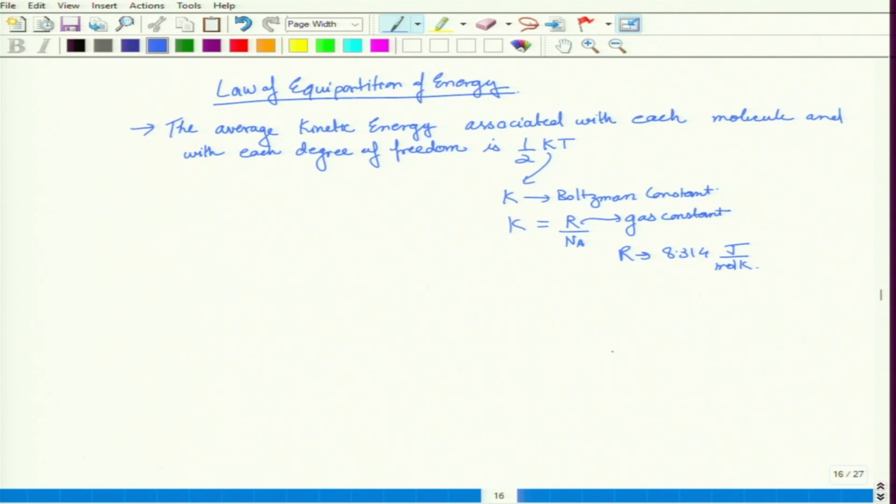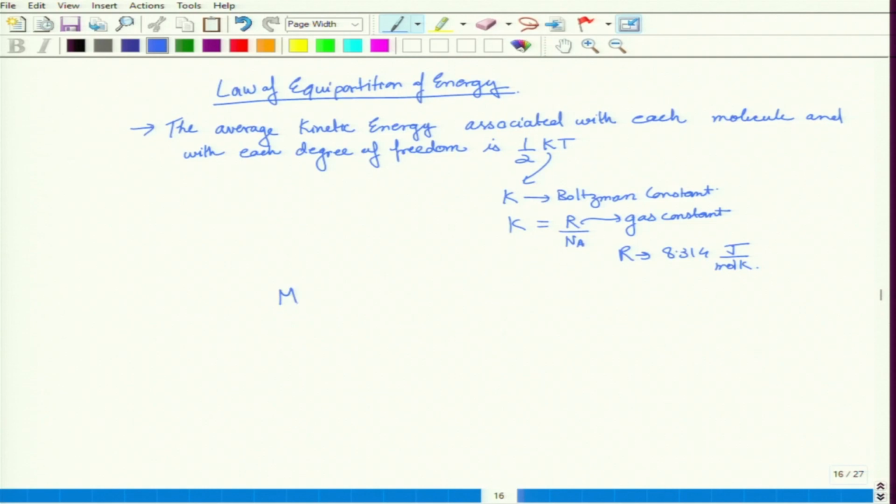Now, according to the law of equipartition of energy, if this is the energy associated with each degree of freedom of each molecule, then we can find out the total internal energy present inside the system.